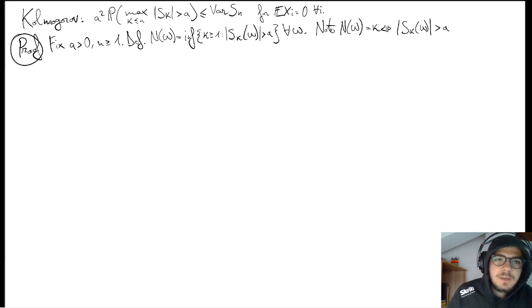So we fix a, we define N of omega to be the infimum of the index k such that the sum is greater than the value a. And we notice that this N of omega is k if this is greater than a, and Sj of omega is less than a for any j less than k.